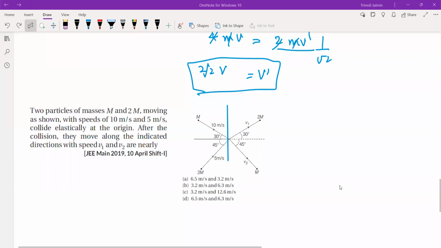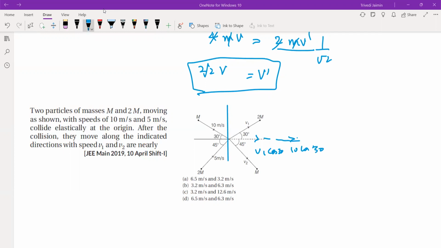Okay. For resolving into components, what we'll do here, this is where V1 is going, this direction. So cos this side, V1 cos 30, again 10 cos 30.